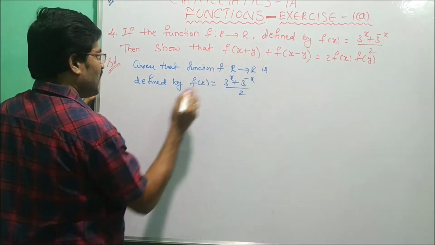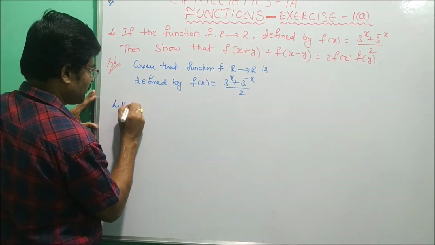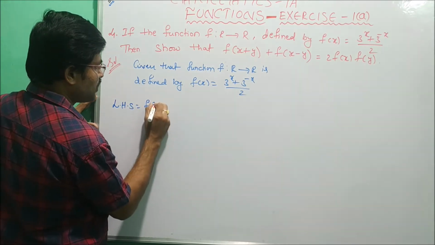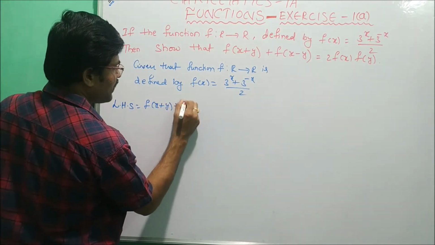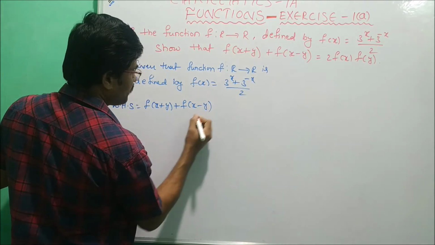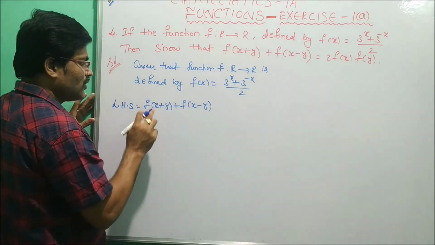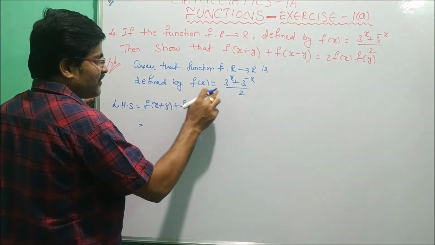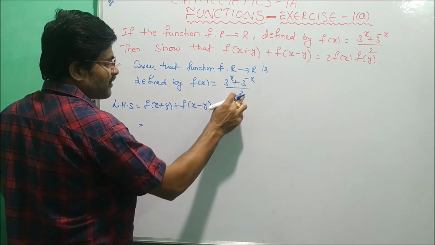Now we take LHS, that equals f(x + y) + f(x - y). Here we observe f(x) is already given as (3^x + 3^(-x))/2. Now x + y replaces x, and x - y also replaces x. That means (3^(x+y) + 3^(-(x+y)))/2 + (3^(x-y) + 3^(-(x-y)))/2.